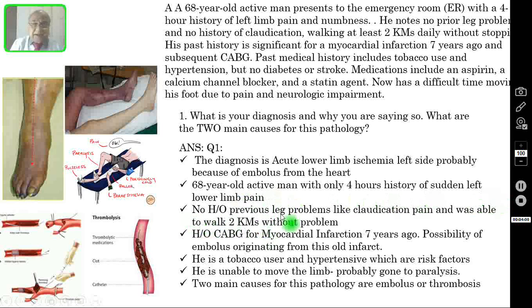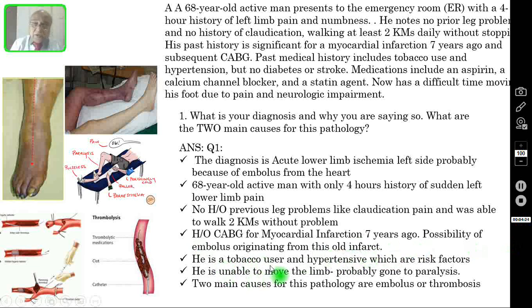There was no history of previous leg problems like claudication pain, and he was able to walk 2 kilometers daily without any problem. There is a history of CABG for previous myocardial infarction 7 years ago, so the possibility of embolus originating from this old infarct is there.